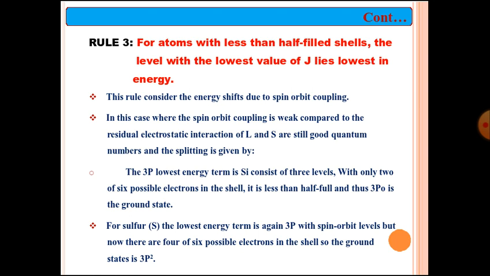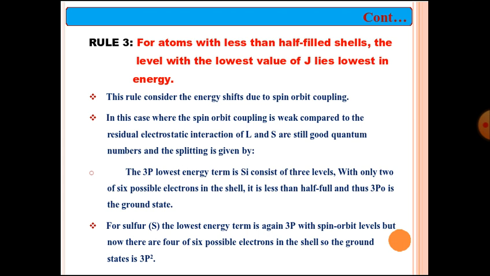Given the 3P lowest energy term, silicon consists of 3 levels with only 2 of 6 possible electrons in the shell. It is less than half full, and thus 3P0 is the ground state.